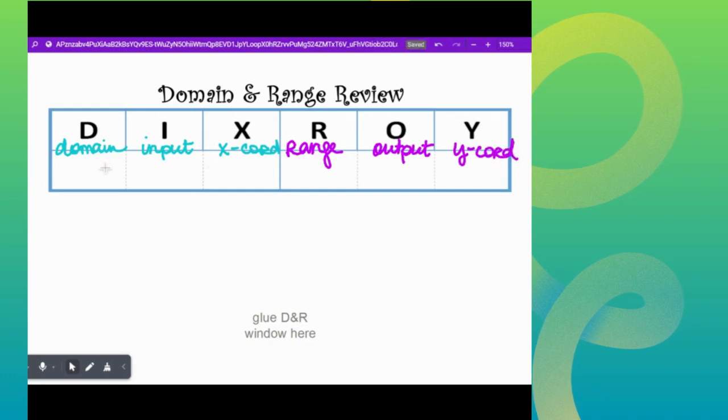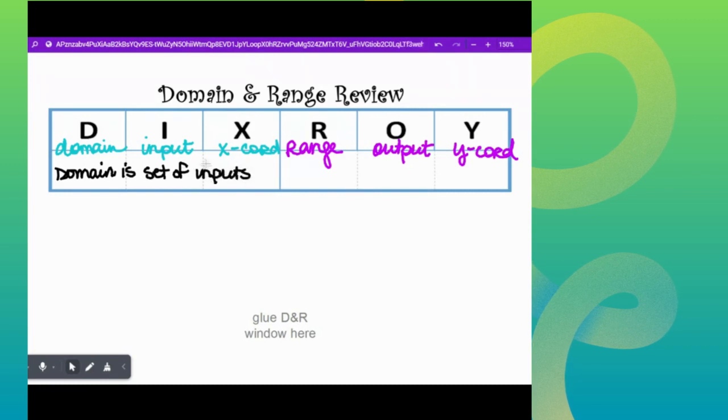Domain is the set of inputs or x coordinates. The range is the set of outputs.